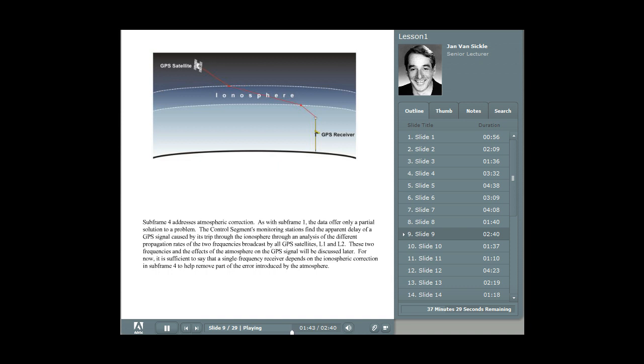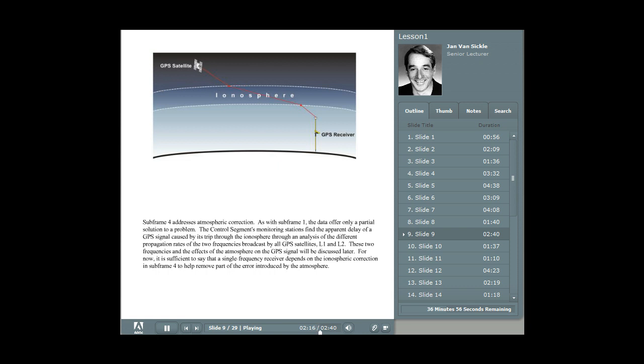If it only has one frequency, it can't take advantage of the fact that if it can collect both frequencies, L1 and L2, from a GPS satellite, it can quantify for itself how much the signals have been affected by the ionosphere. In the case of a single frequency GPS receiver, it must rely almost completely on the navigation message atmospheric correction.